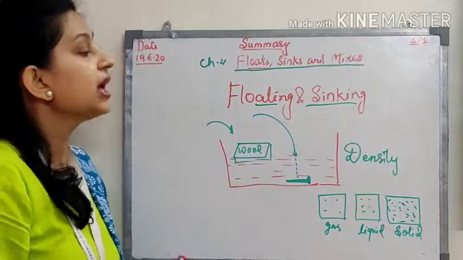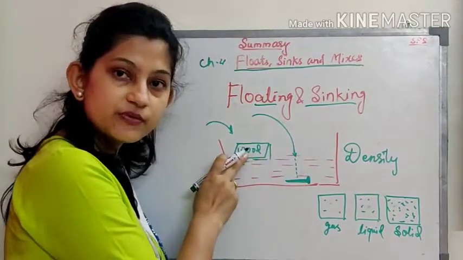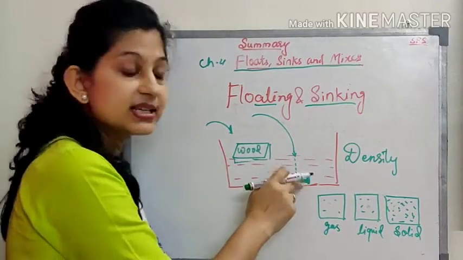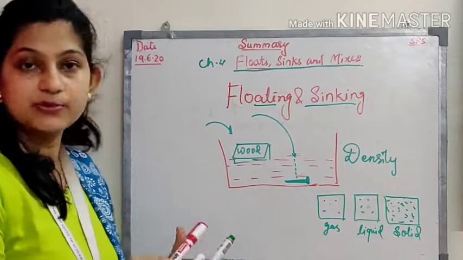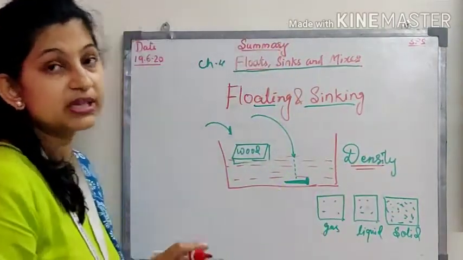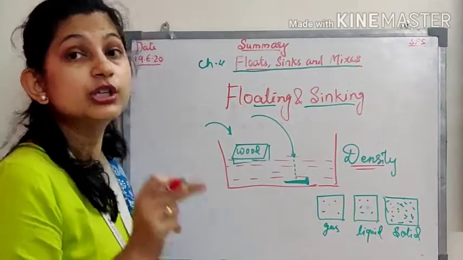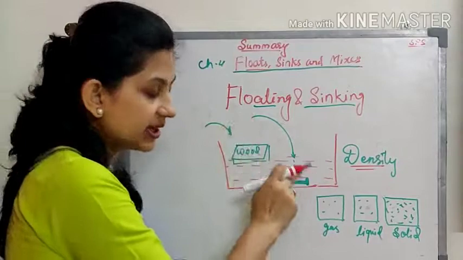This is clear. Now comes the question, why is any substance floating on the surface of water, or why is any other substance sinking down? Then comes a major concept of this chapter, that is density. It is not given in your book, students, but it is very important for you to understand why anything is floating and why another thing is sinking down.